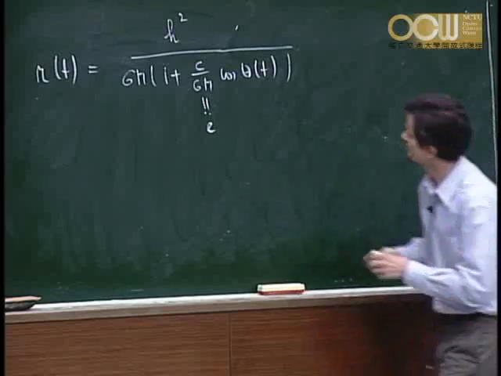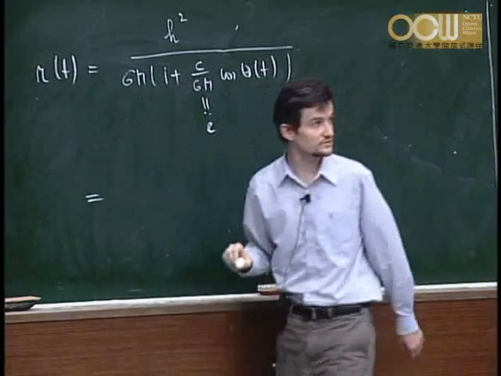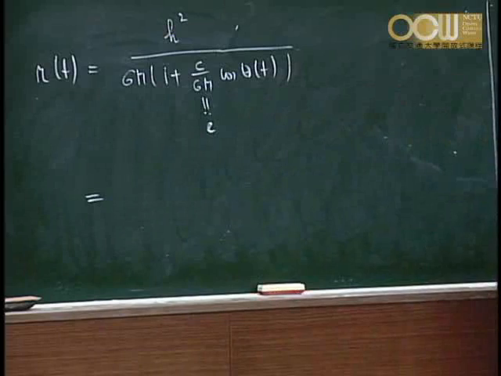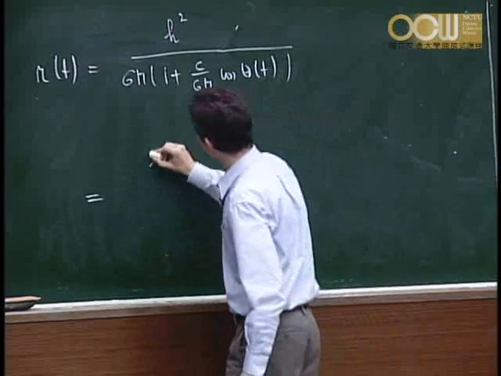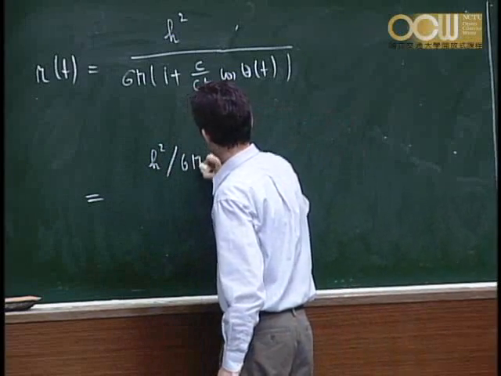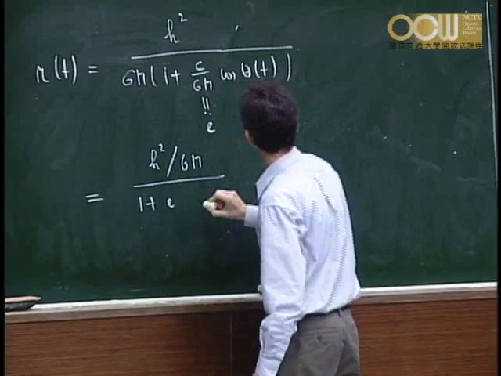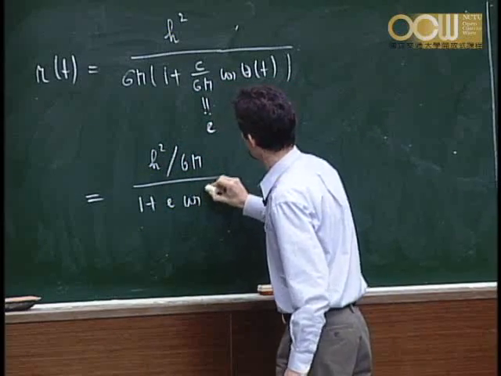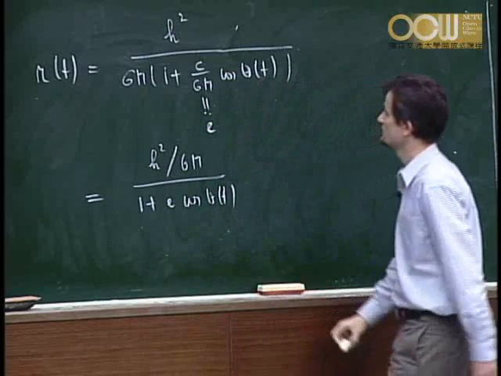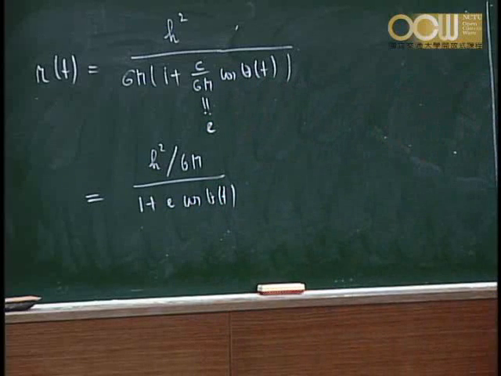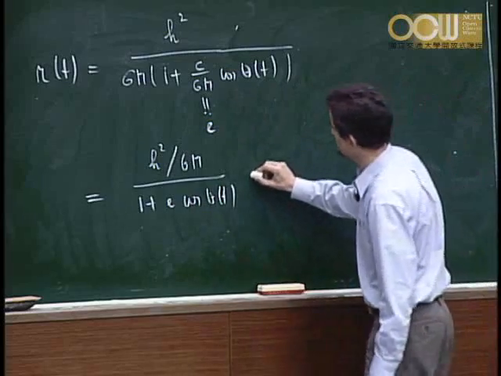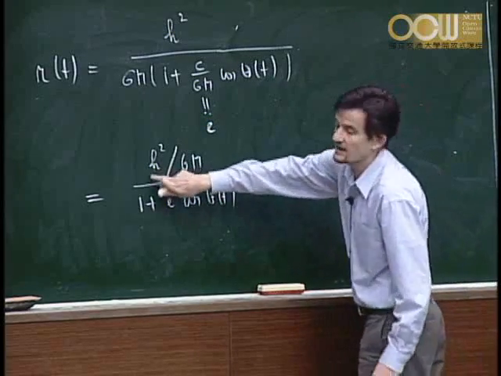Now the rest is just, I'm almost finished, so just give me 2 more minutes. So now I can write everything as h squared over g m over 1 plus E cosine of theta of t. And now I want to have E here as well.